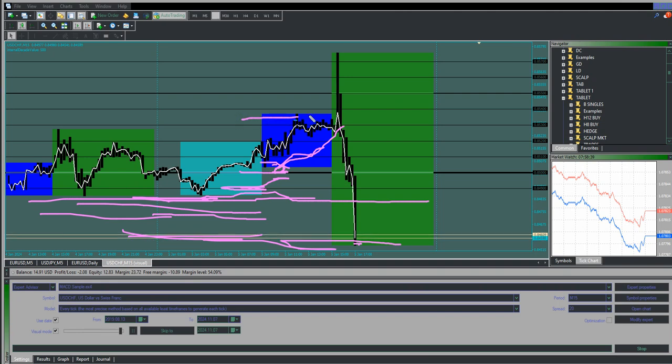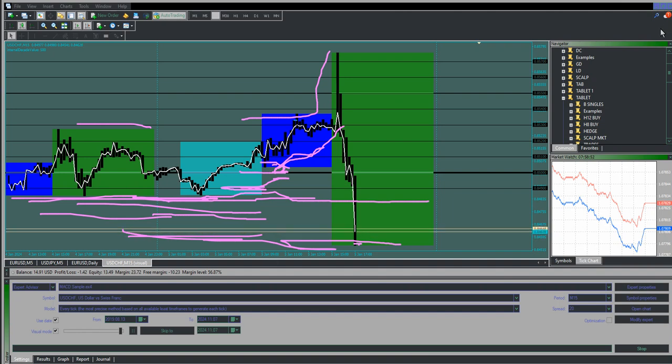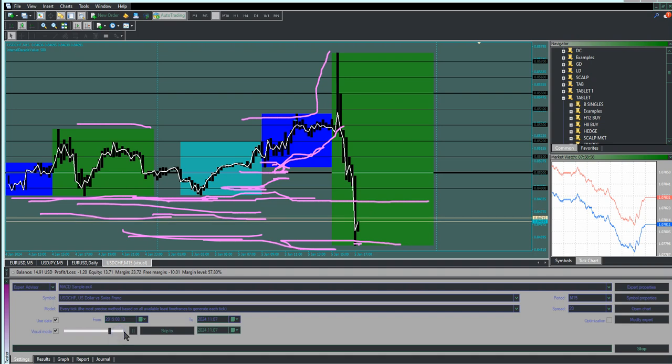And who knows, but isn't that funny? You ripped above the high of this day, took out this day. Now you're taking out this day. This is a very narrow doji-ish day here. Now let's go to the max speed. And you just have to sit through this drawdown here to cash out. That's all. Let's go max speed.